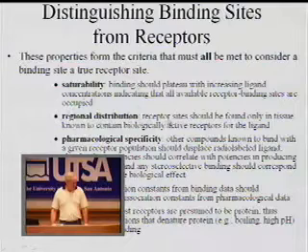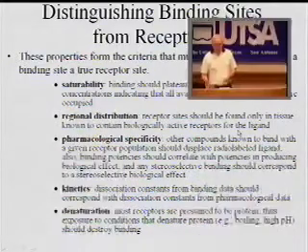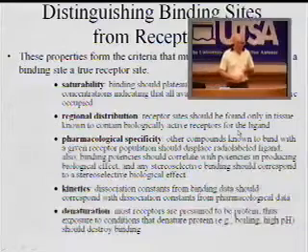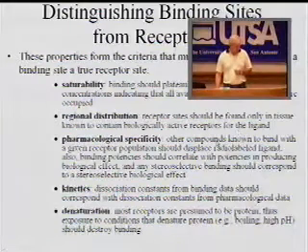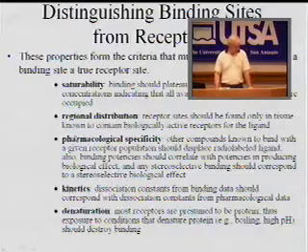Regional distribution, so the receptor sites should be found only in tissue known to contain biologically active receptors for the ligand. We saw that in the example of the different subregions of the hippocampus in the rat and human, and the dorsal raphe, where the neuron cell bodies were located for the serotonin neuron cell bodies, that is, known to express the 5-HT1A receptors.